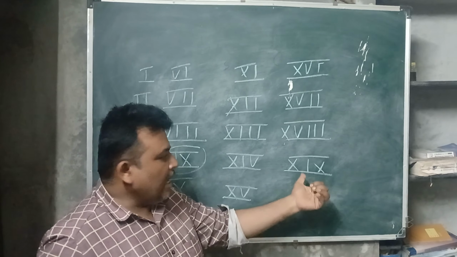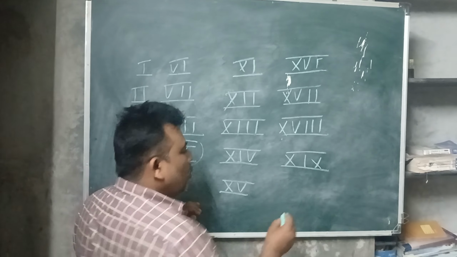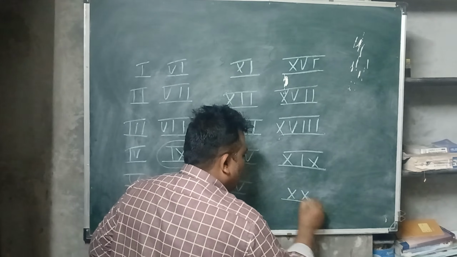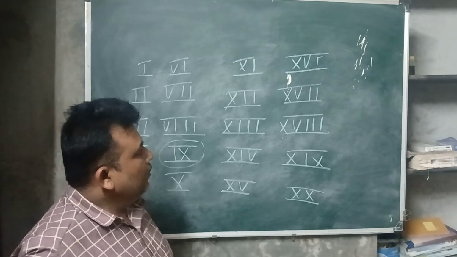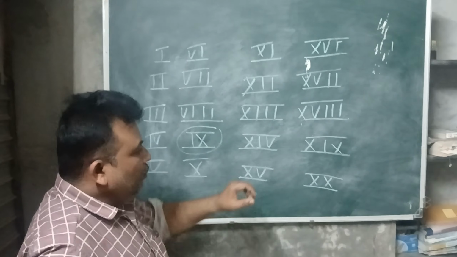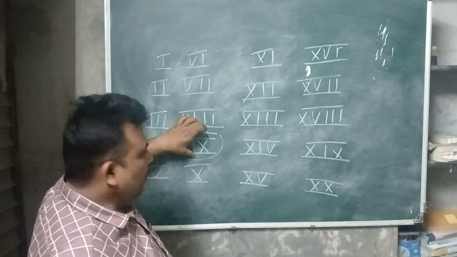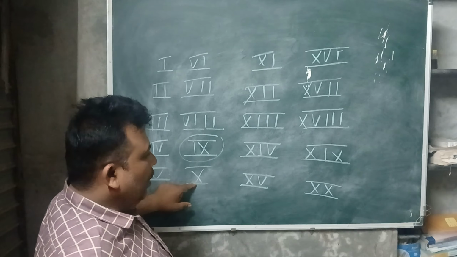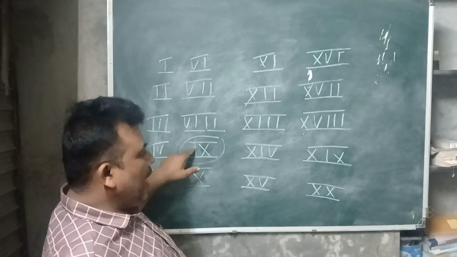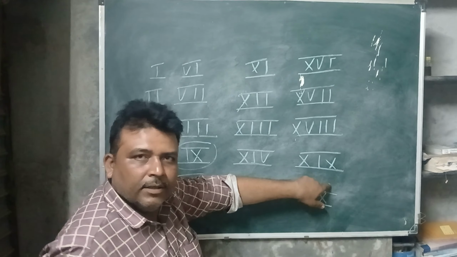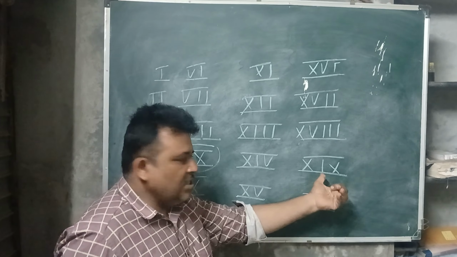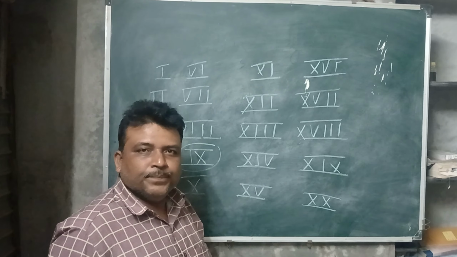You understood how I wrote 19? If I write 2 tens, it becomes 20. If I want to write 19, I have to take 9 from here and 10 from here. Together they become 19. Is it clear? Okay. So this is 19 and this is 20.